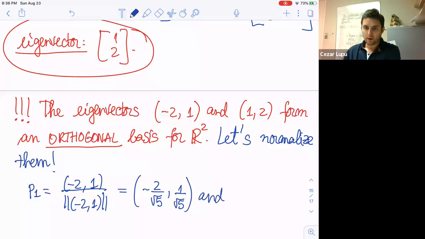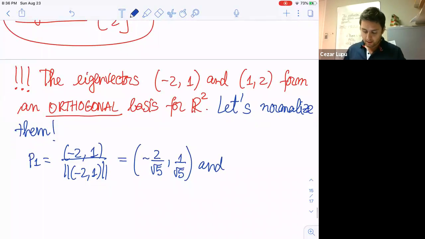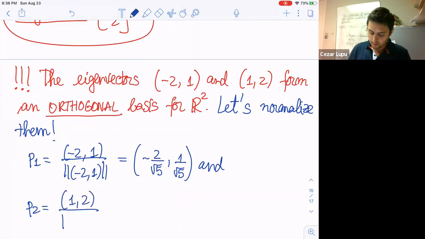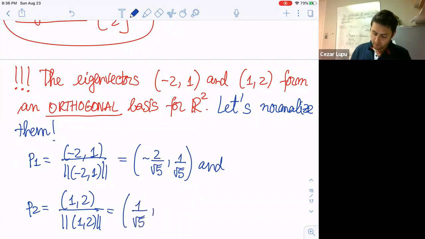And the second one, P2, will be the vector 1, 2 divided by the length of the vector 1, 2. And this will be nothing else than 1 over square root of 5 and 2 over square root of 5.